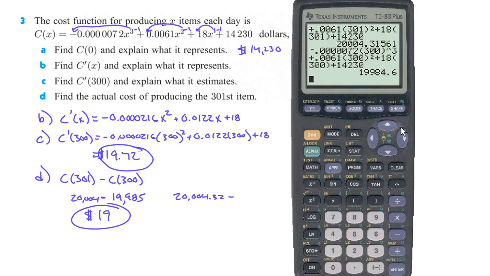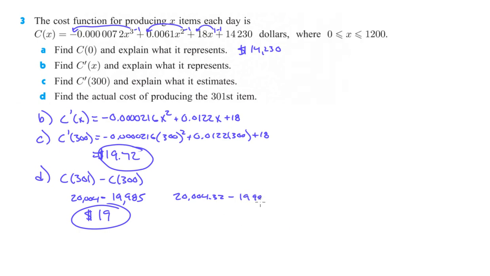And then I just entered this other one in. I haven't pushed enter yet because I didn't want to lose some of our data up there. And I do that, and I get 19,984.60. So you can see that it's rounded to the correct spot.